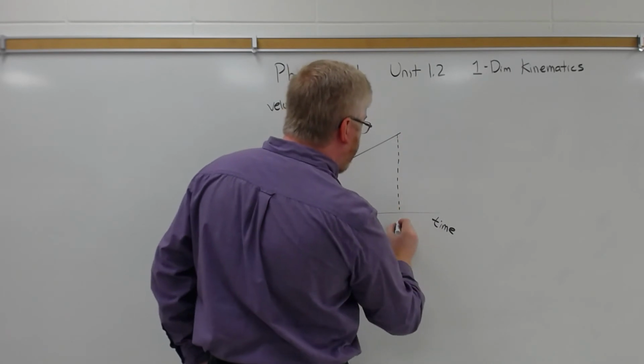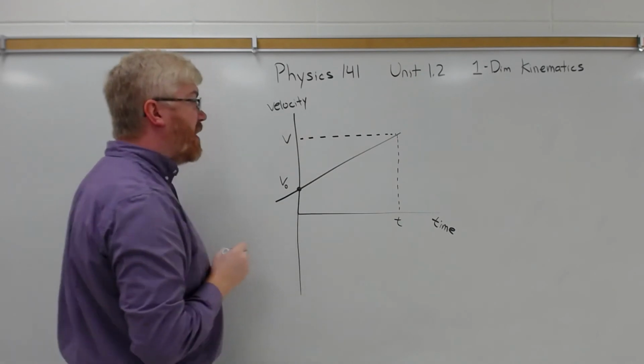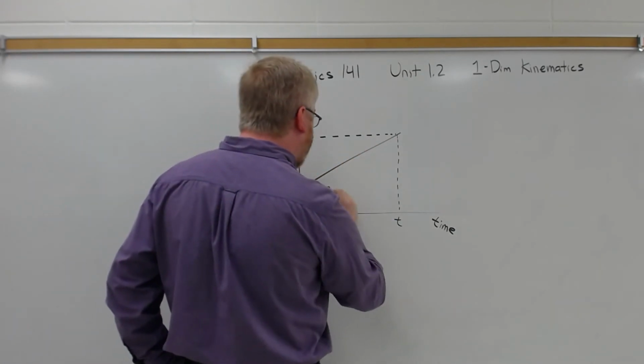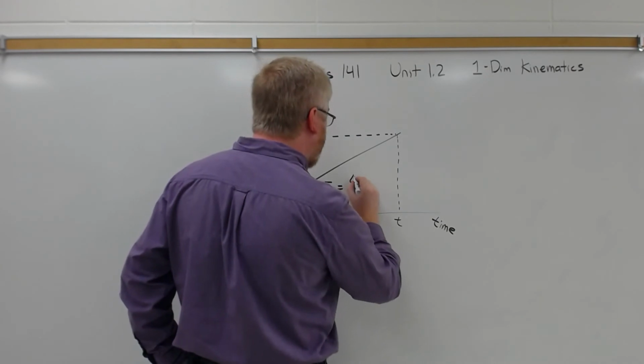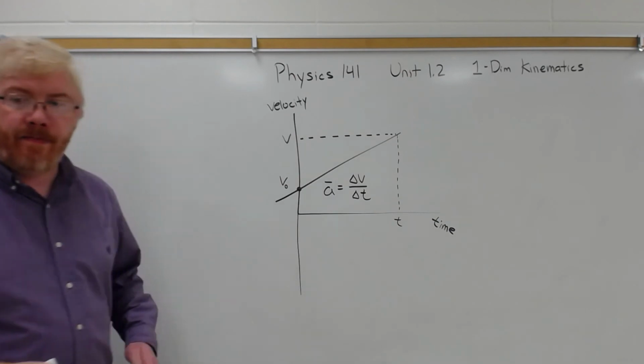At some later time t, we can talk about what is the velocity v. The slope of this line is the average acceleration. It's change in velocity over time, the rise over the run.